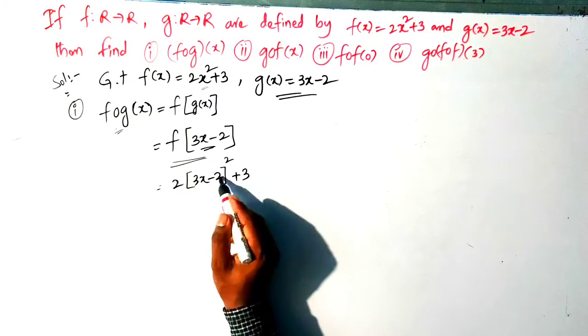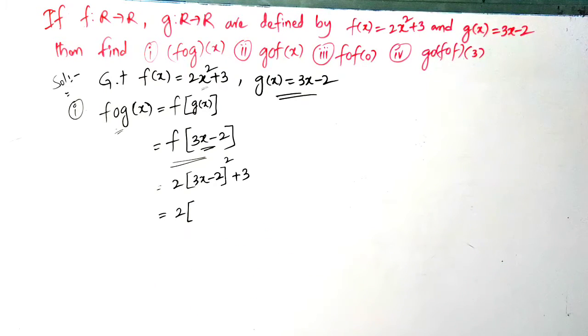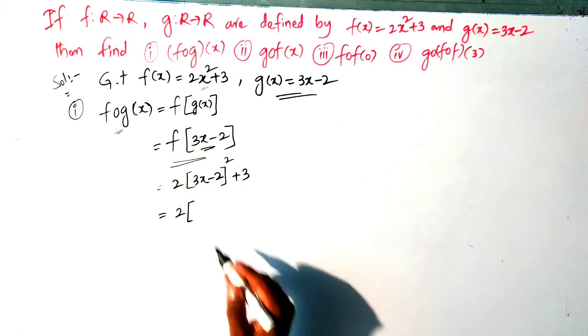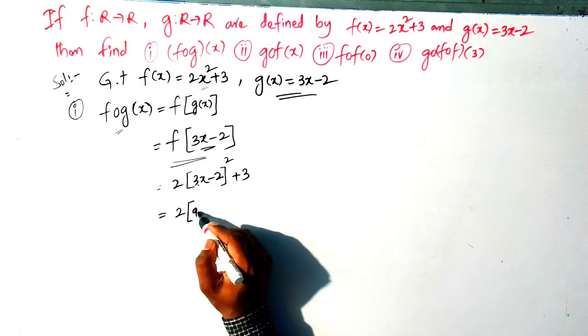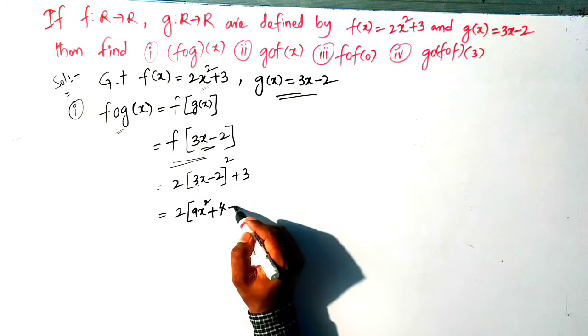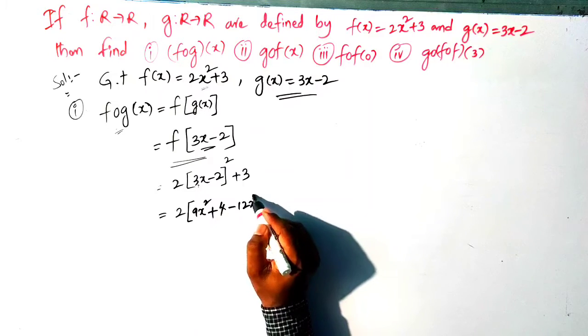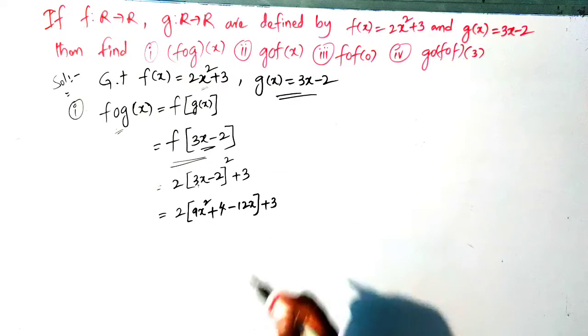Now we got a minus b whole square. The a minus b whole square form is a square plus b square minus 2ab. So a square means 3x whole square, 9x square, plus b square, 2 square is 4, minus 2ab, 2 times 3 is 6, 6 times 2 is 12, 12x, plus 3 as it is.